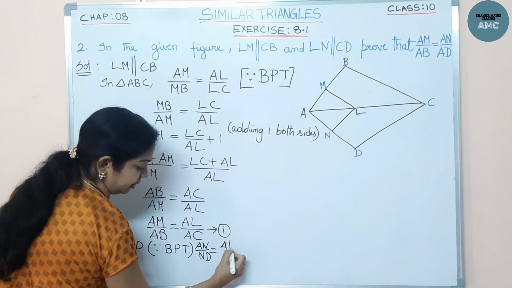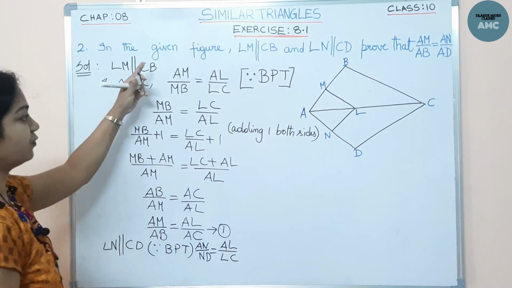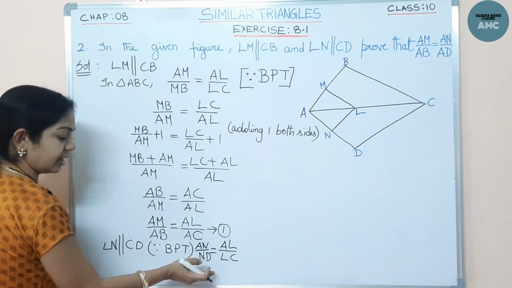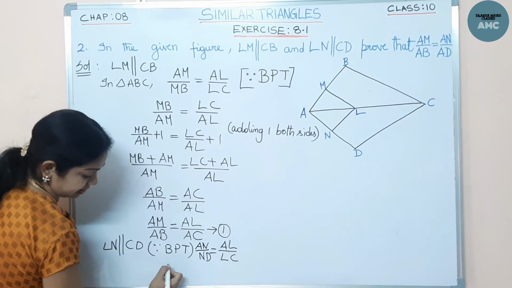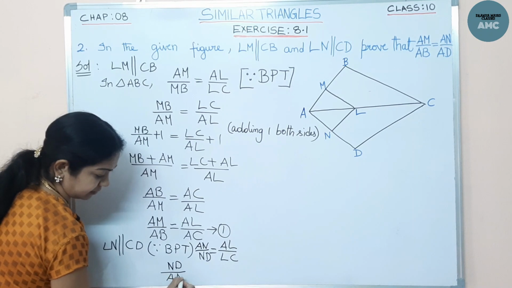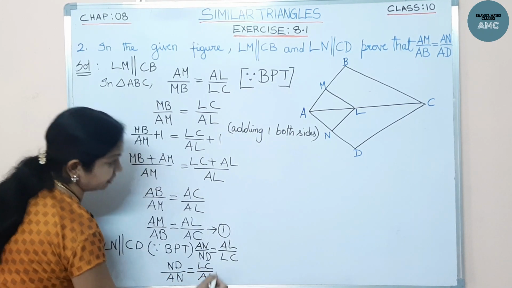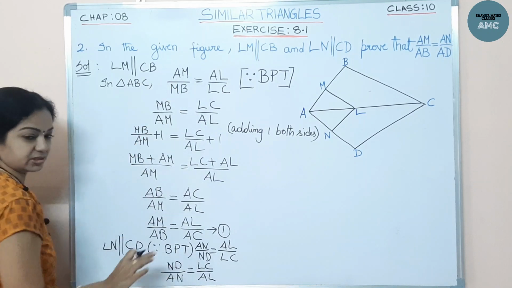Now the same way as we did before, I'll reverse it: ND by AN is equal to LC by AL. First I have reversed it.